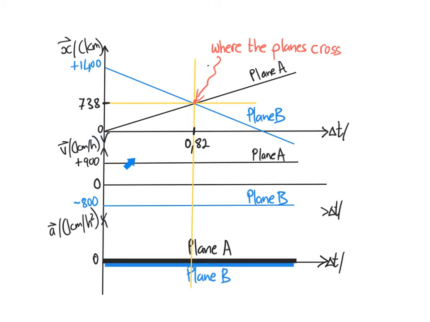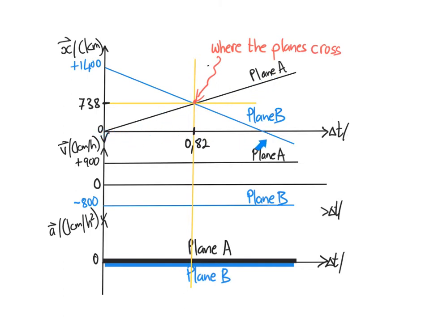Because it's traveling at a constant velocity of 900 kilometers per hour, it is going to be a straight line position versus time graph, as opposed to a parabolic shape when you have an acceleration that is not 0. Every time unit the gradient is the same, the change in position is the same. It's going to be 900 kilometers per hour, and therefore we have an increasing graph.